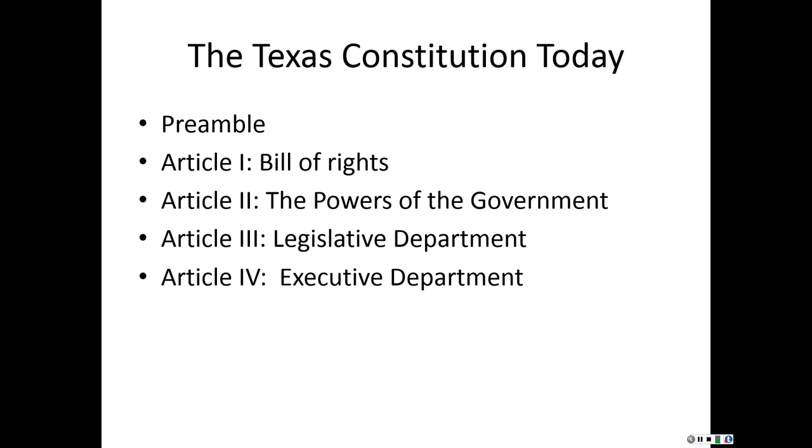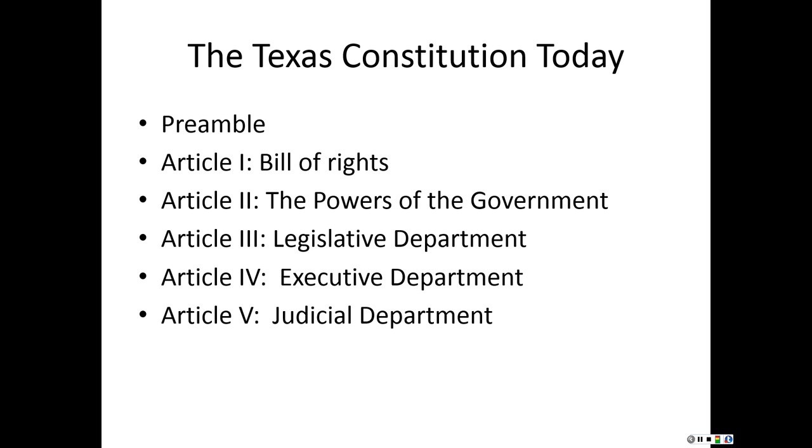However, this Constitution does give the Texas governor the power to veto legislation. We also see the power of line item veto. Texas is one of the few states which does not have gubernatorial term limits, gubernatorial meaning governor. Term limits means you can only run so often. In Texas, we don't have term limits for our state officials, for our state legislatures. You can run as often as you want.